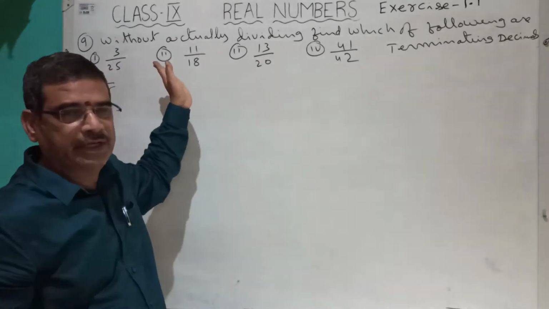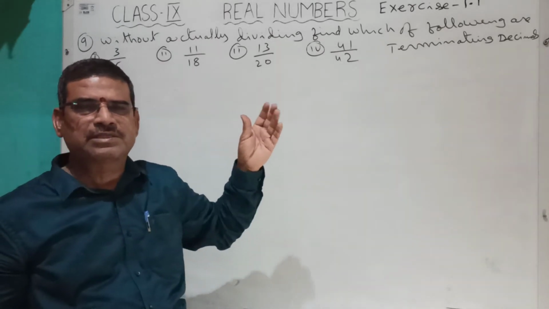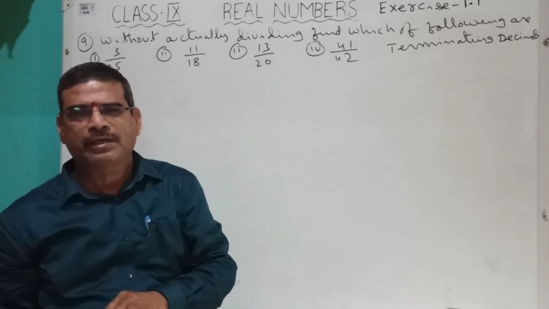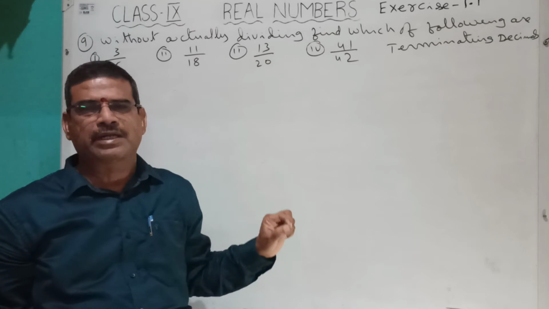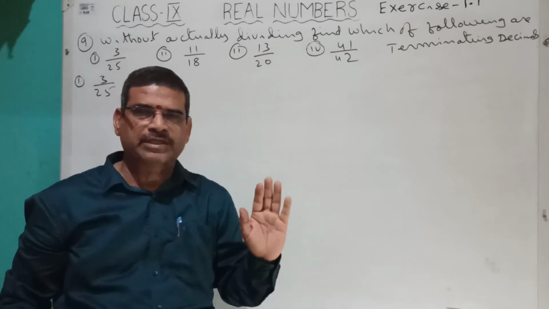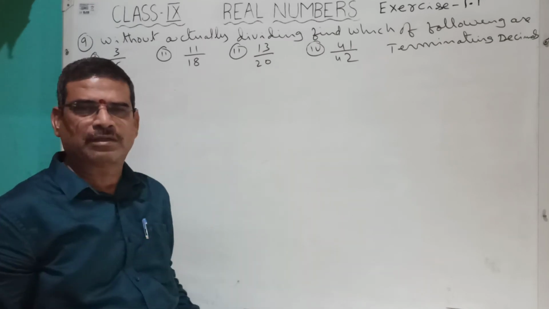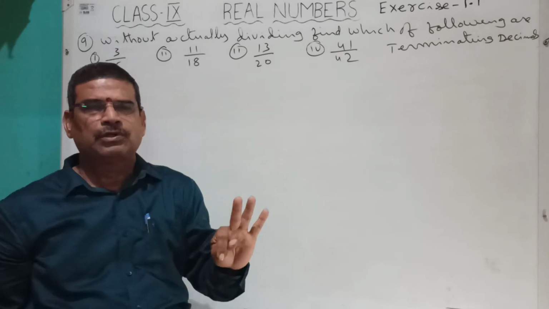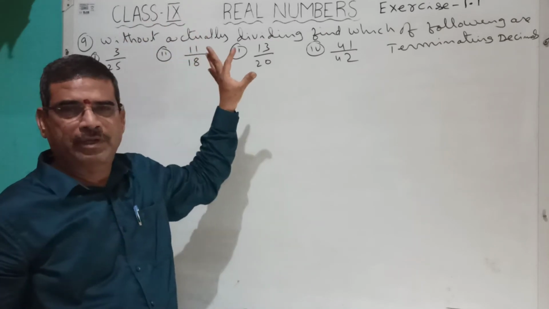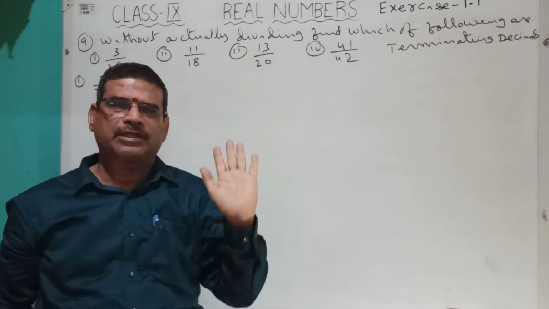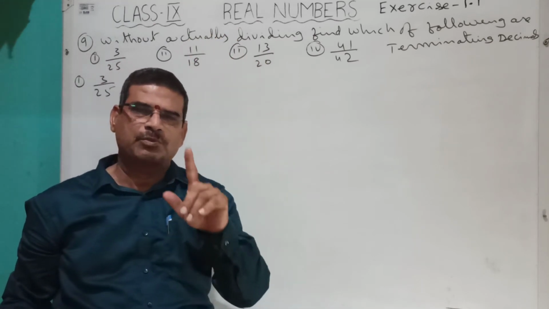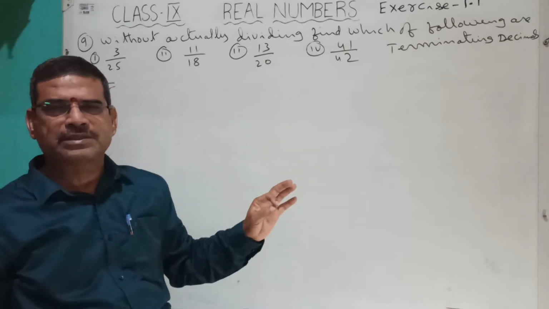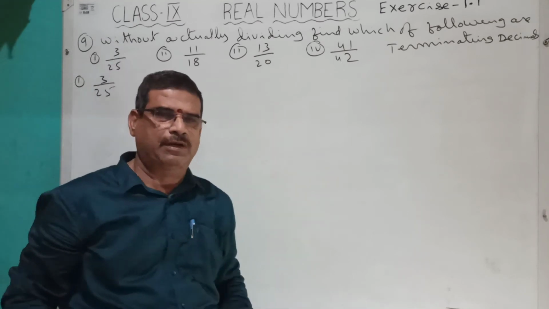So we have to check the denominator: does it consist of only 2 or 5? If numbers other than 2 or 5 are there, that is not considered a terminating decimal. That is a non-terminating decimal. If the denominator has only 2 or 5, then that fraction is said to be a terminating decimal. You have to remember this point.